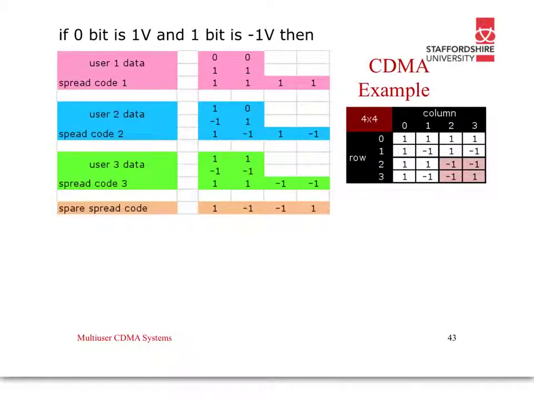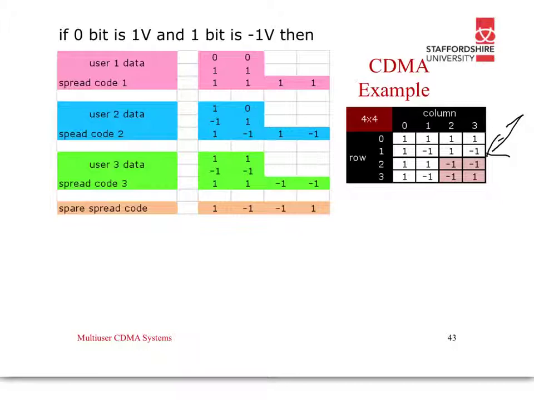So here, in this case, if a 0 bit is represented by 1 volt and 1 bit is therefore represented by -1, then if we consider 3 users and 4 orthogonal spreading codes, you'll notice here that I've reproduced the Hadamard matrix for a 4x4 matrix.